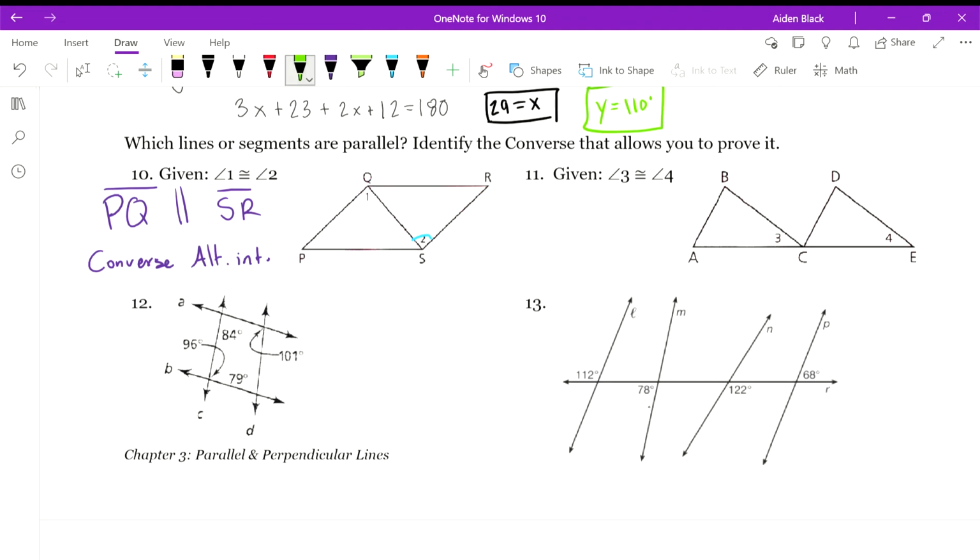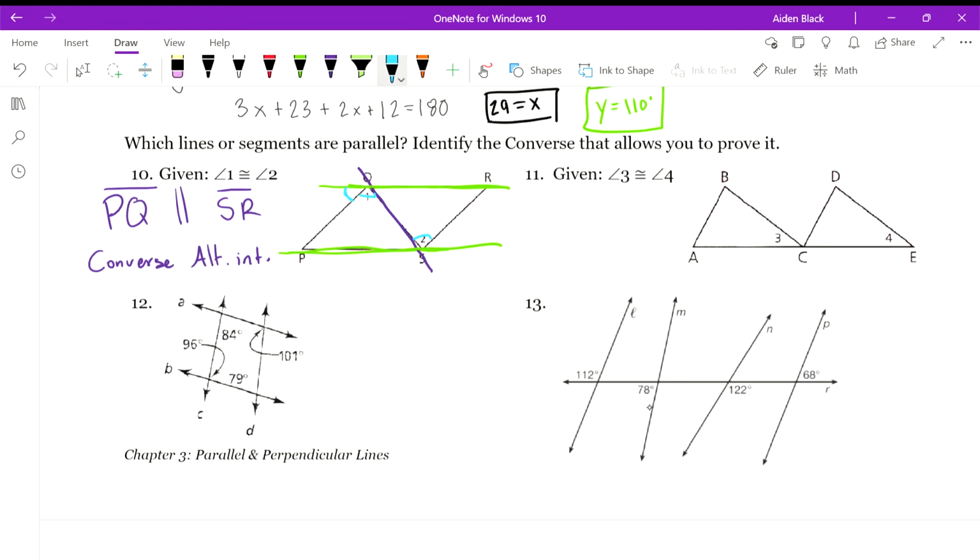Let's look for these lines too, though, because it might be the case that both pairs are parallel if you use this as the transversal. Oh no. Yeah, we can't say for sure because you have all this angle here and all this angle here, which at the moment we don't know are the same angles.